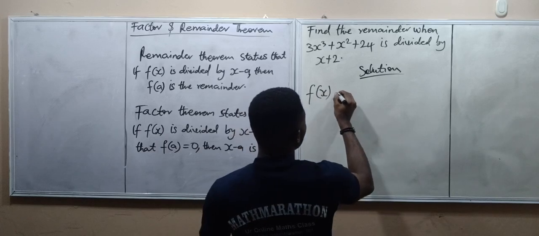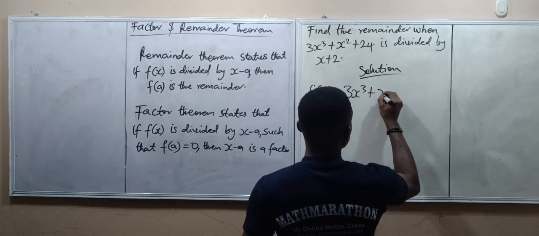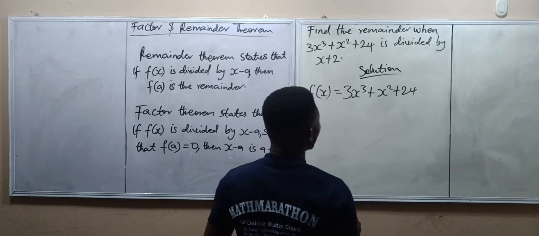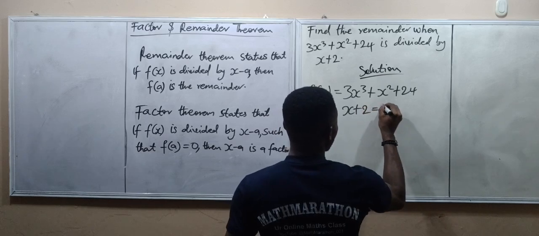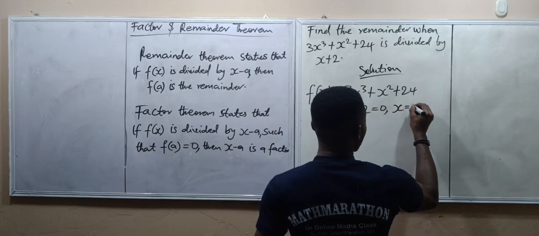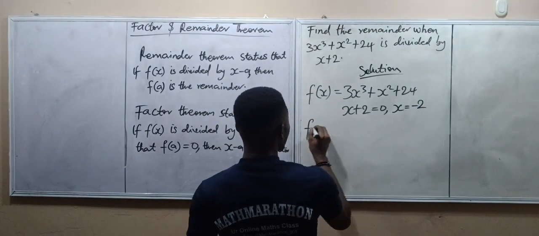So f of x is equal to 3x cubed plus x squared plus 24. And let's equate the divisor x plus 2 to 0. And from here, x now is equal to minus 2.